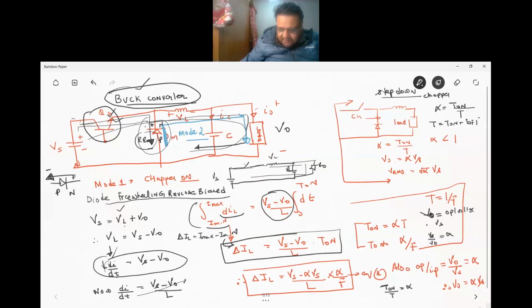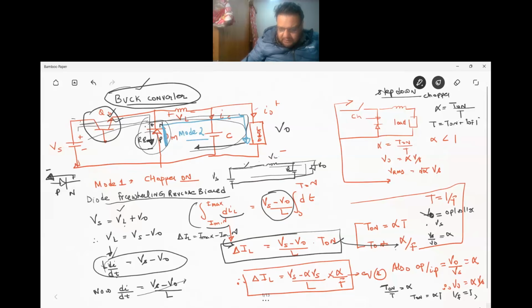So T on can be represented as alpha into T. And 1 by F is equal to T, so I can represent T in terms of 1 by F. So I have written this T on in terms of alpha by F. Same thing. So alpha by F I'm representing, and Vs minus V naught.